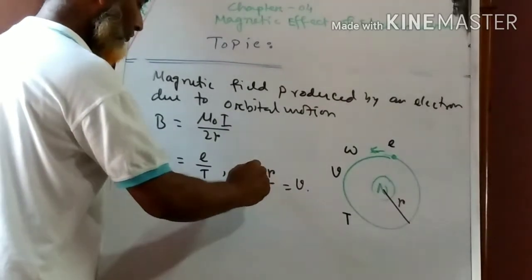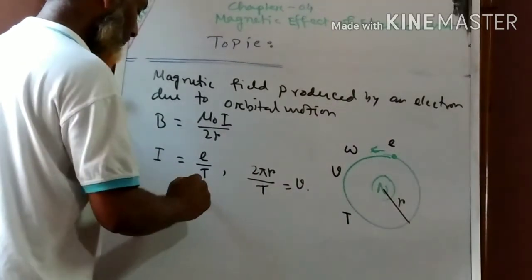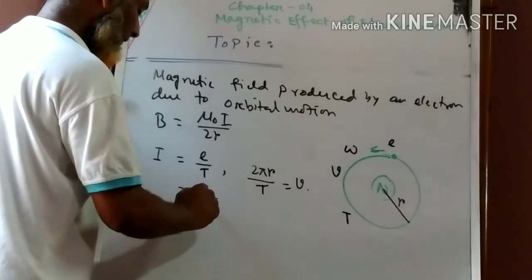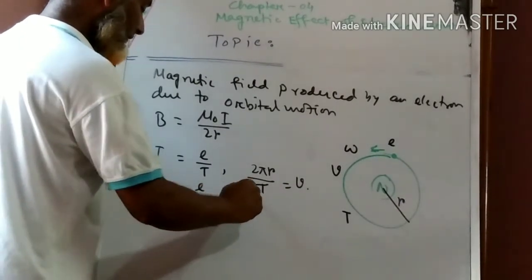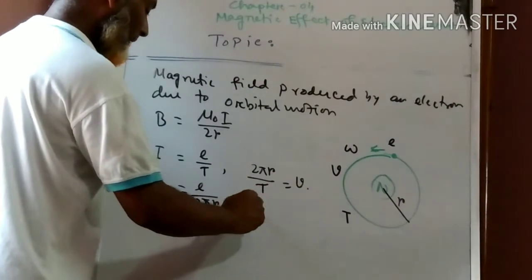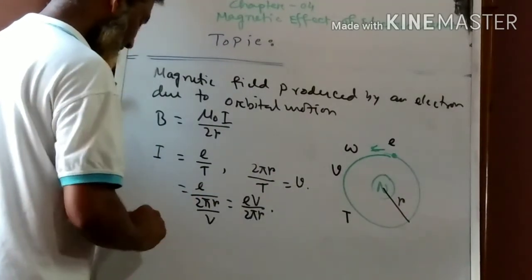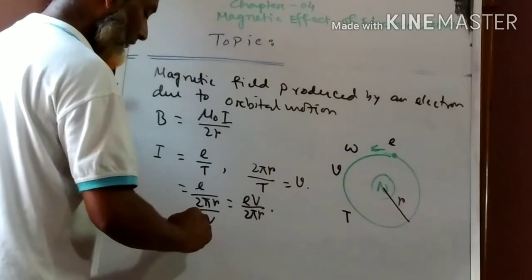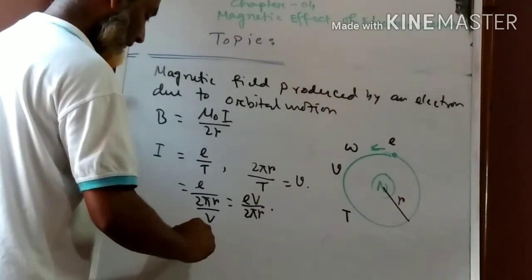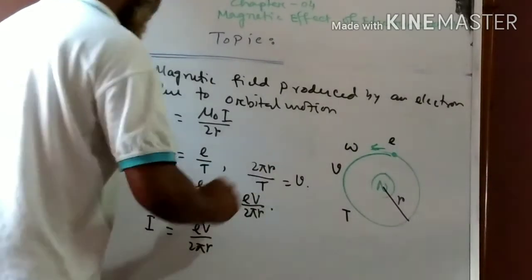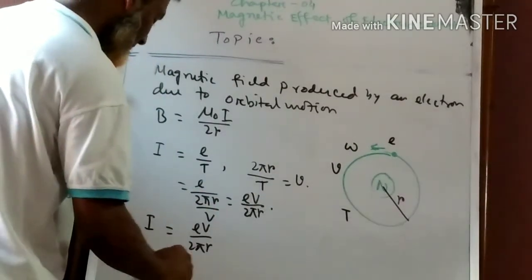That's why t equals 2 pi r by v. So I equals e v by 2 pi r, which is the current produced due to the motion of the electron in the orbit.